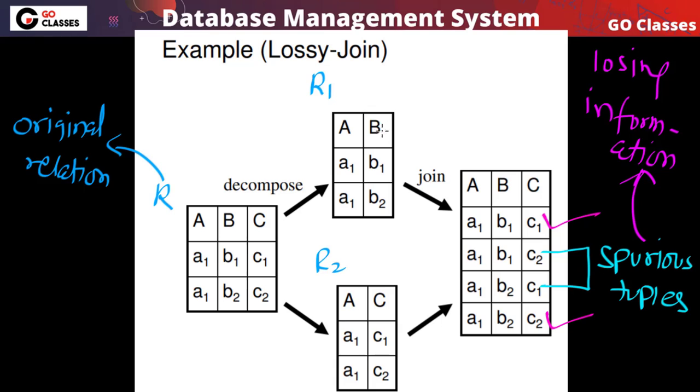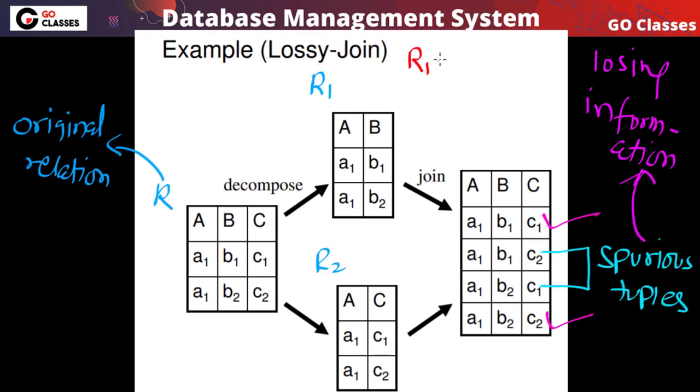Similarly, in this other example, the common attribute is A, and you can notice in this table, the common attribute A is not a super key, because this value is repeating. Here also this value is repeating. So in both these tables, the common attribute A is not a super key.